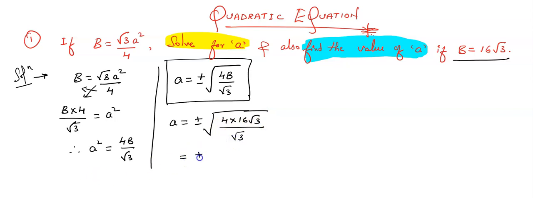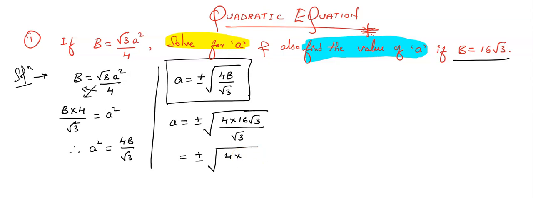That is equal to plus or minus, what is the square root of 4? That is 2, right? Then just a minute, let me simplify everything together. 4 into 16 root 3, correct?